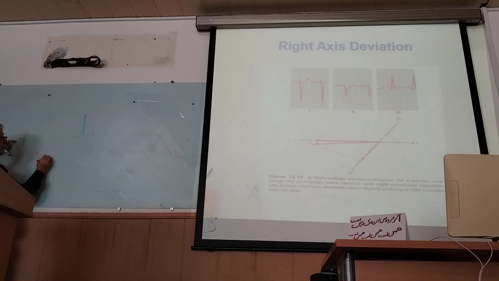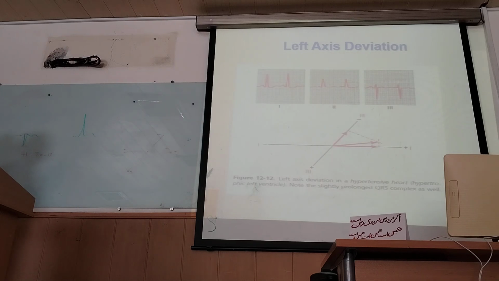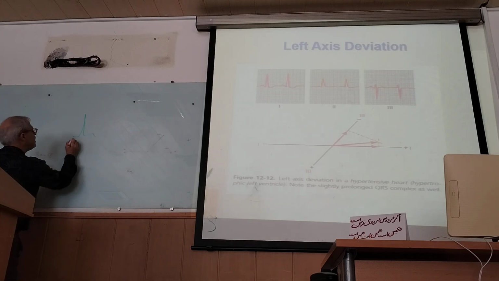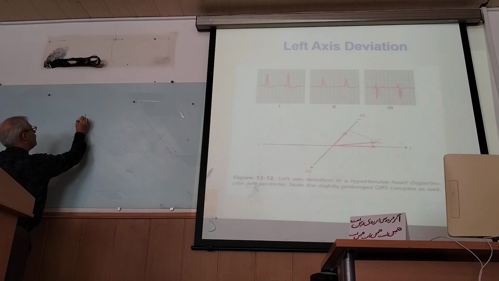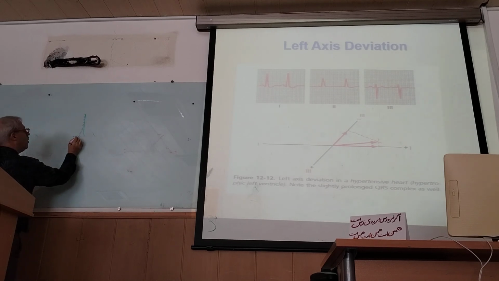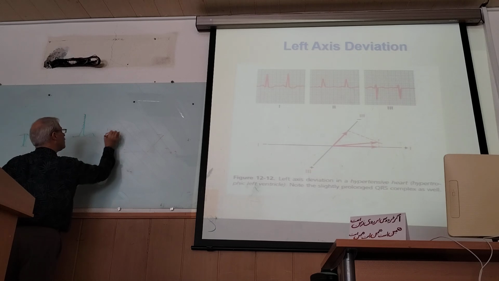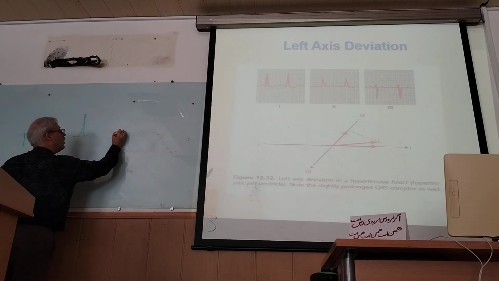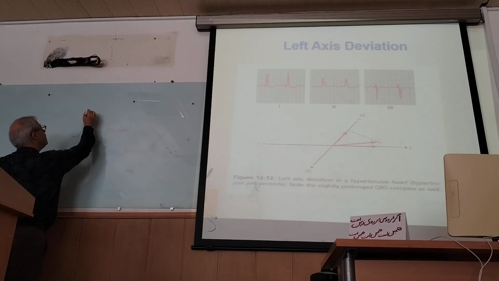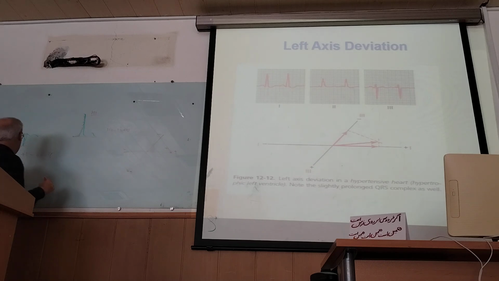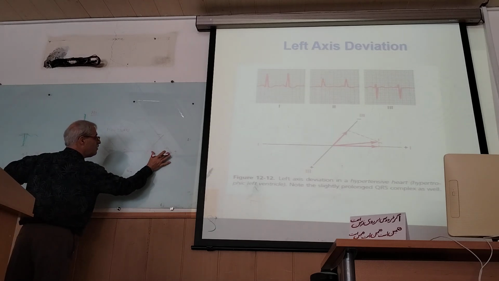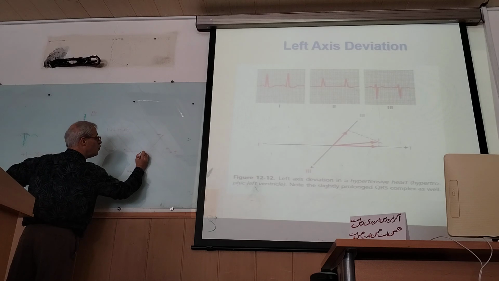How much is it? 7. Minus 7. From here, this is the zero line: 1, 2, 3 up to 14. 14 minus 1 equals positive 13 in lead 3. In lead 1, we have minus 7.